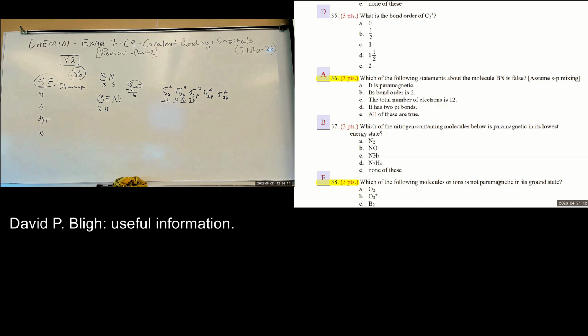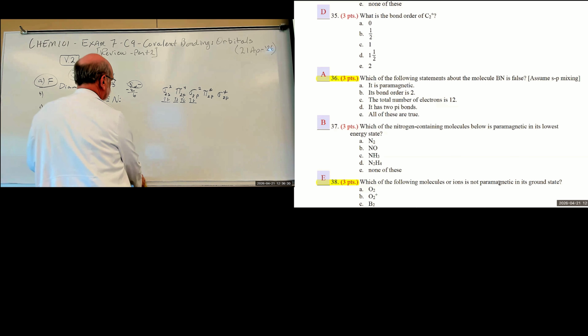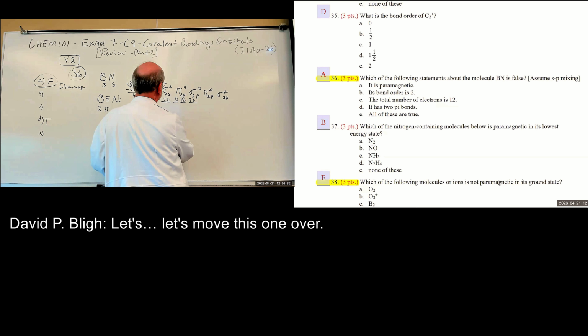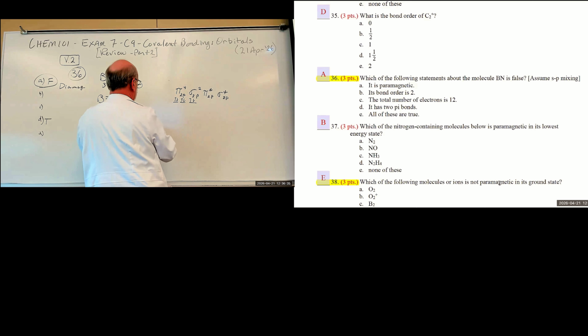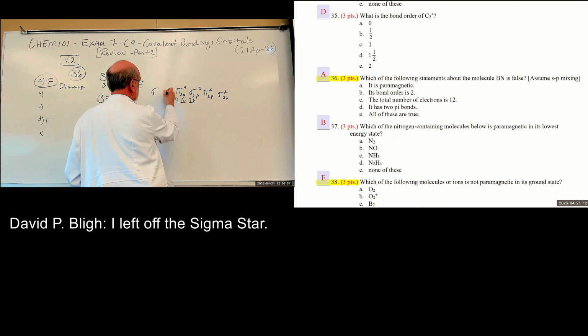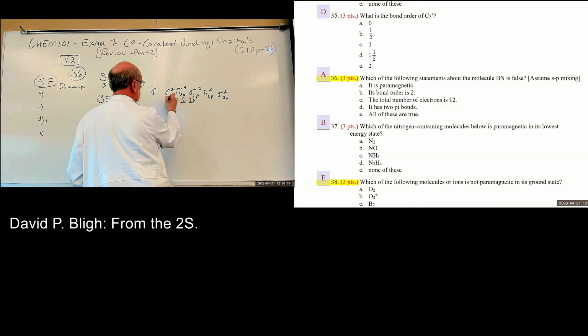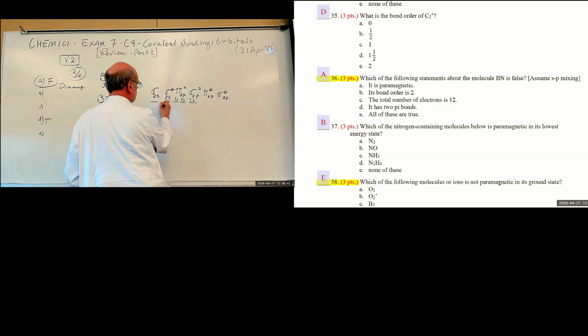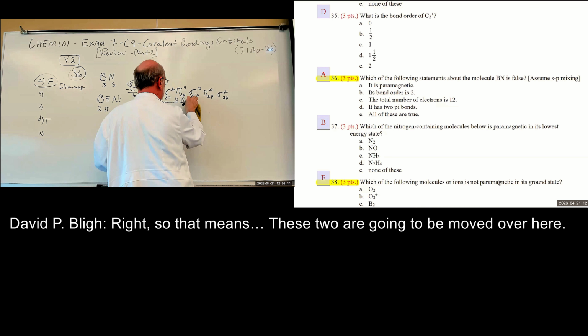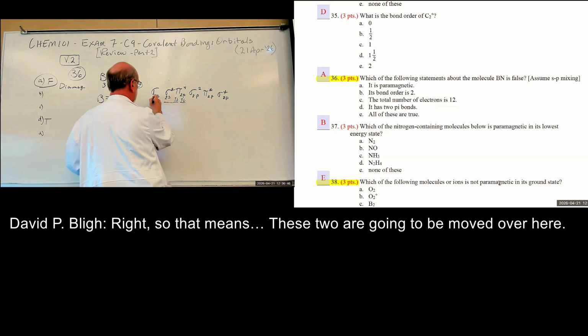Hold on. 2s sigma star 2. Oh, I left that one out. Yeah, that's my mistake. Let's move this one over. I left off the sigma star from the 2s. Right, so that means these two are going to be moved over here.